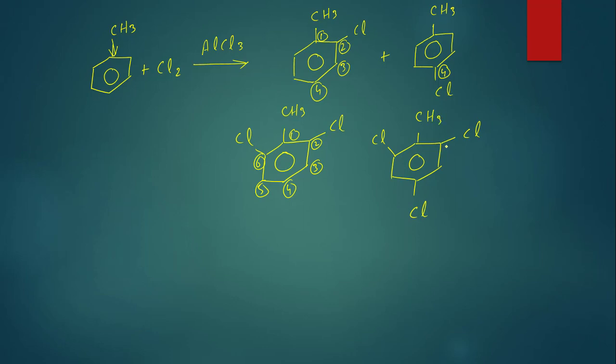Chlorine is just adding at 2, 4 and 6. This is just because of this available group. For example, if we have phenol here, with OH, we will also get these products at the 2, 4 and 6 positions.